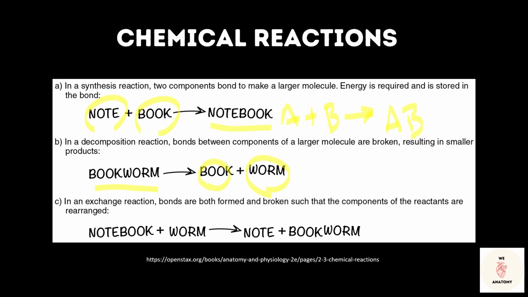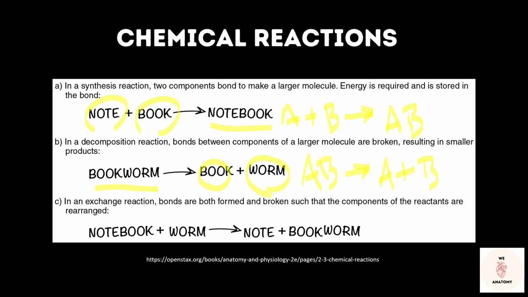In a decomposition reaction, energy is released when book and worm are split apart and those bonds release the energy that they were previously holding. A decomposition reaction is AB to A plus B.